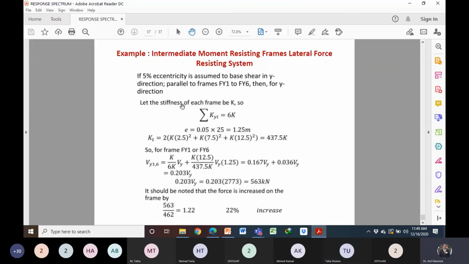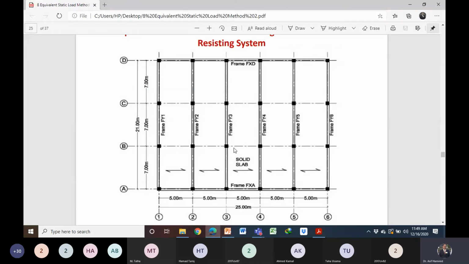So stiffness of this frame multiplied by x1 square, stiffness of this frame multiplied by x2 square, stiffness of this frame multiplied by x3 square.